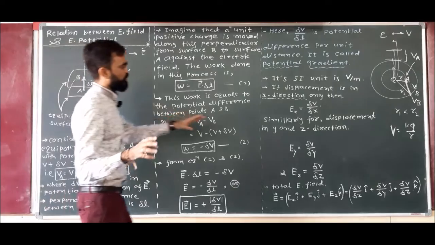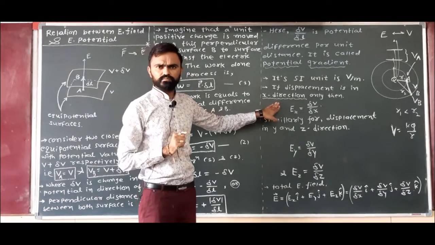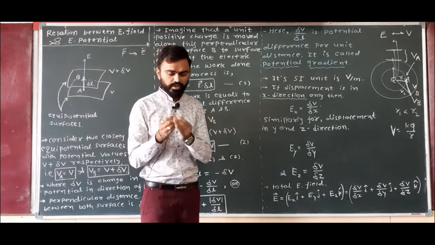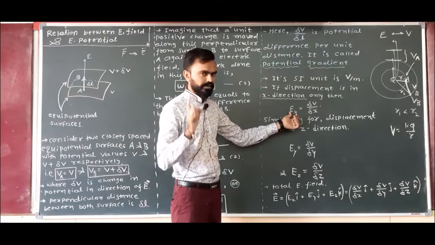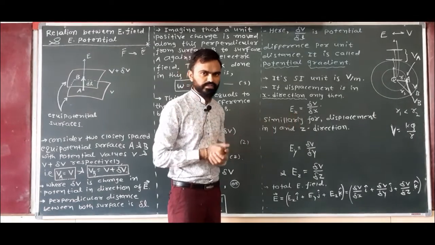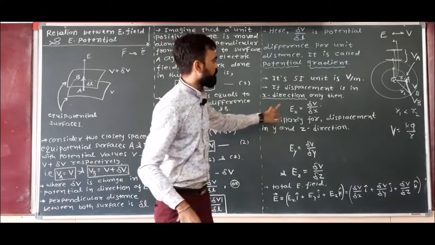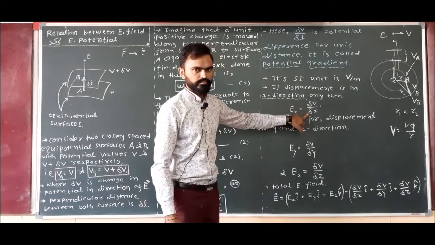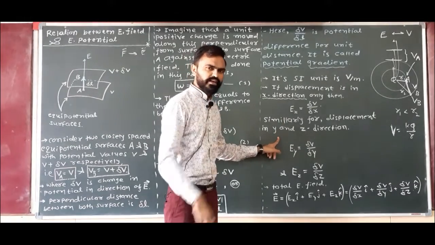So for example, let's say we have displacement in x direction. Displacement in x direction, right? Then Ex is equal to electrical field in the x direction. This is called component of electrical field in x direction, equal to delta V by delta x, right? Let this displacement be in a y or in a z direction.